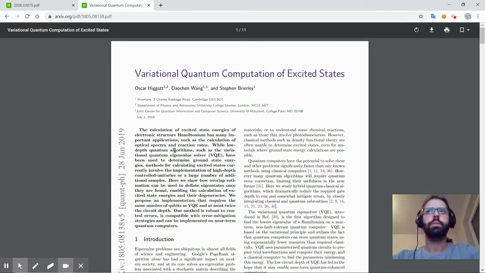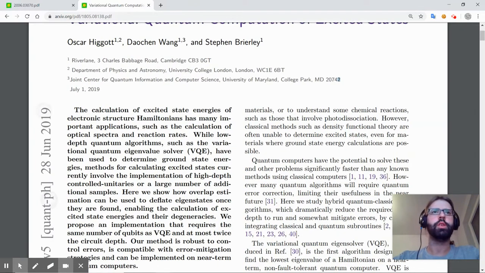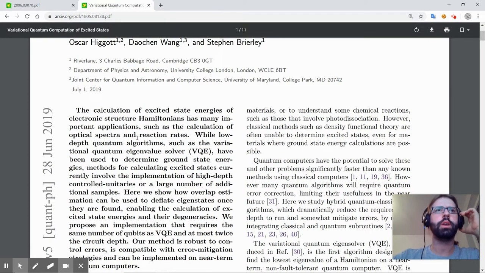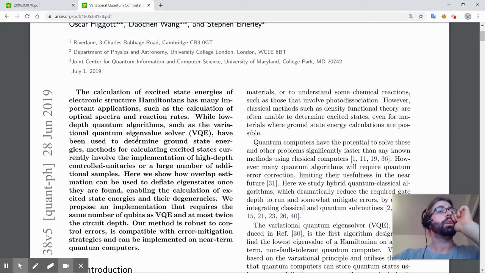So what is this about? The calculation of excited state energies of electronic structure Hamiltonians has many important applications, such as the calculation of optical spectra and reaction rates, while low-depth quantum algorithms, such as the variational quantum eigenvalue solver VQE, have been used to determine ground state energies. Methods for calculating excited states currently involve the implementation of high-depth controlled unitaries or a large number of additional samples.